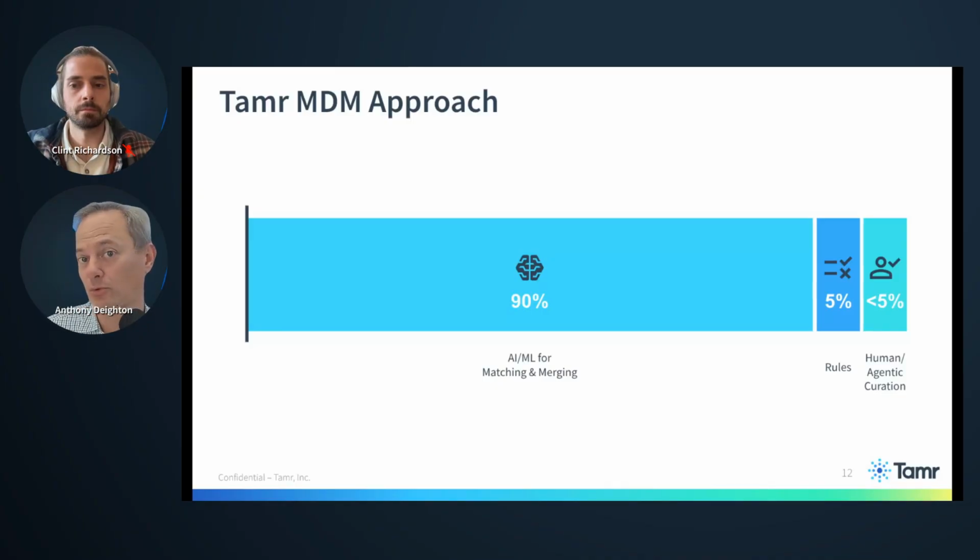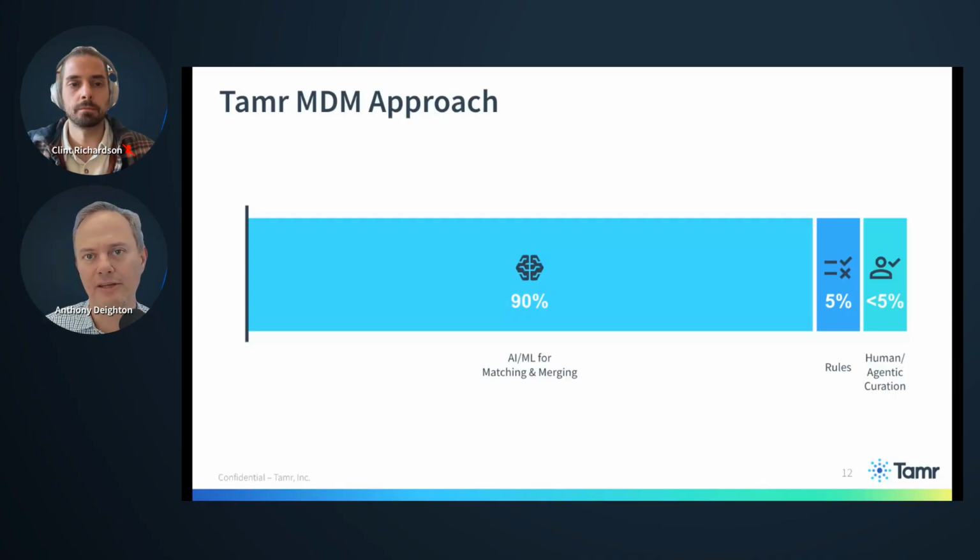But there are cases where simple rules are both valuable and frankly very quick to implement. And also there are cases where we want human intervention. We want humans to come in and make a decision. The key here, however, is to use the AI on the vast majority of the cases.